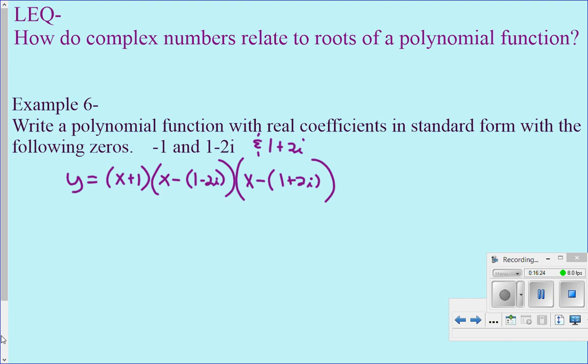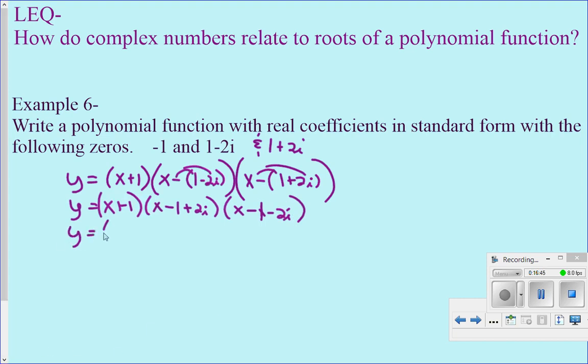I'll go ahead and distribute the minus signs. So x minus 1 plus 2i and x minus 1 minus 2i. So I'm going to go ahead and multiply x minus 1 plus 2i times x minus 1 minus 2i.